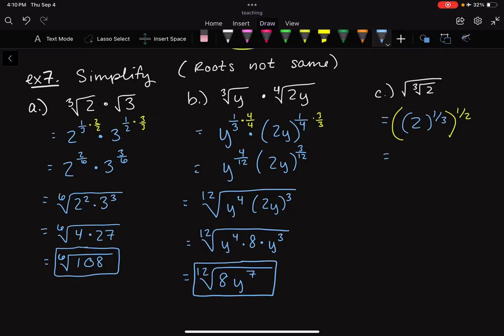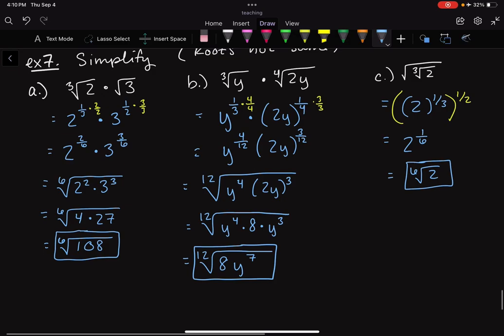Well, we just need to multiply the exponents. So this is 2 to the 1 over 6. And writing it like this or writing it as 6th root of 2 are both simplified answers. It just depends on how your answer is asked for, but they're equally simplified.